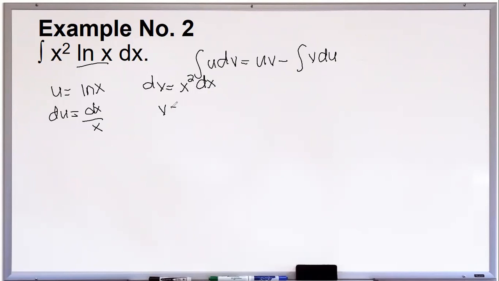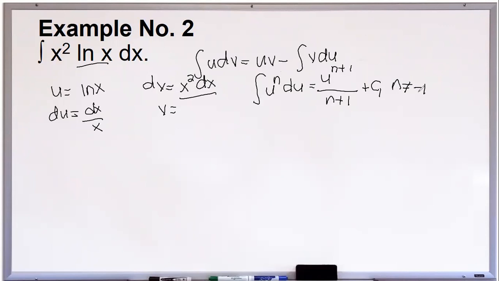So integrate natin yung dv. So anong formula gagamitin natin dyan? So power formula pa rin. Integral of u raised to n times derivative of u, which is equal to u raised to n plus 1 over n plus 1 plus c. Okay, again, ang n hindi dapat siya mag-equal kay negative 1.